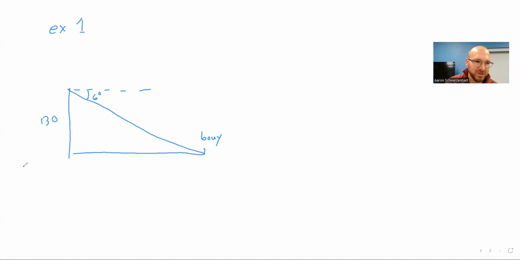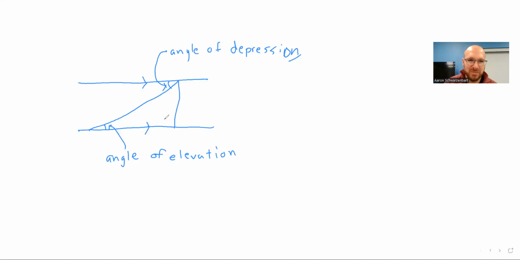Oops, I misspelled buoy. I just draw the triangle. Something to note: there's a property from geometry when I have parallel lines, these two angles, the angle of elevation and the angle of depression, are alternate interior angles, meaning they're equal.